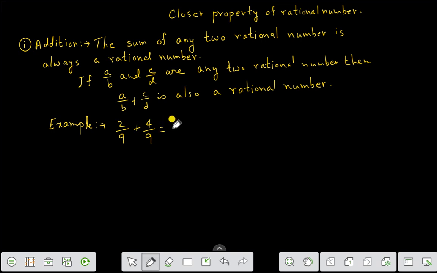It will be 2 plus 4 over 9, that comes to 6 by 9. And here you see that 6 by 9 is also a rational number.